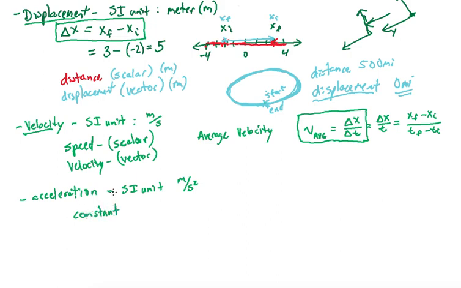At this level, we're not doing anything but constant acceleration. We're not worried about changing accelerations or anything like that. That gets too complicated. But we're doing constant acceleration. And this is also, you probably guessed it, a vector. It has a direction. You could be accelerating in the positive direction or the negative direction.